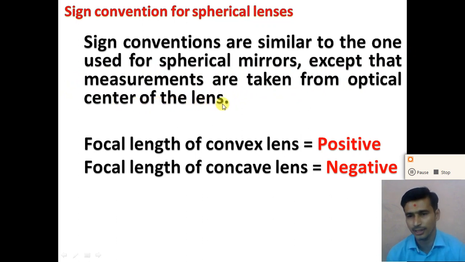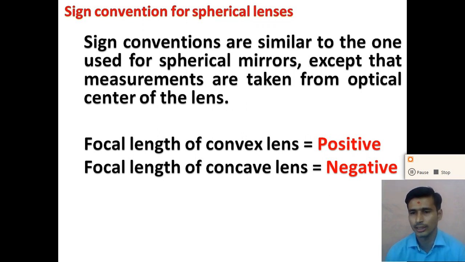In the mirror we measure all the distances from the pole. Instead of this, in the spherical lens we measure all the distances from the optical center, right? The distances in the direction of the incident ray are considered positive, and the distances opposite to the incident ray are considered negative, right?